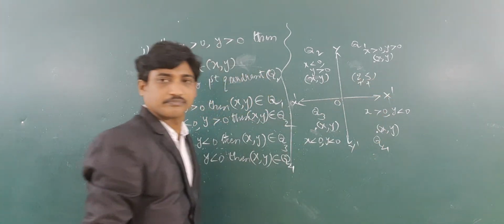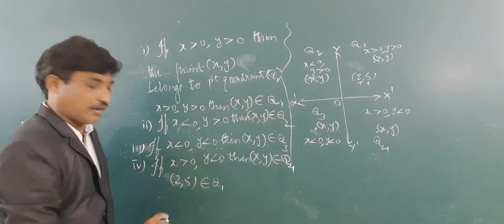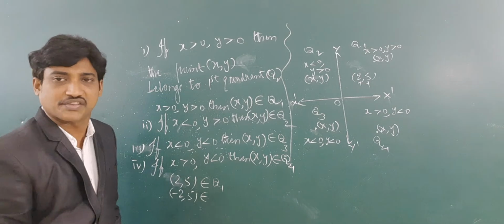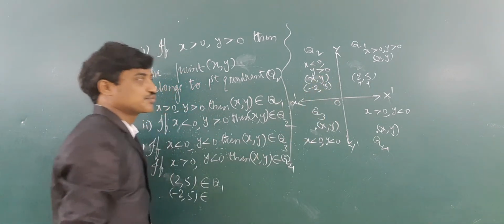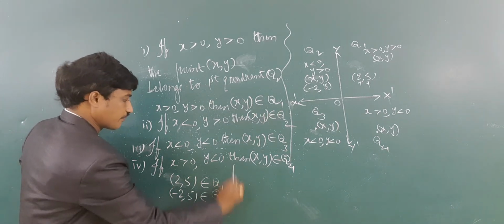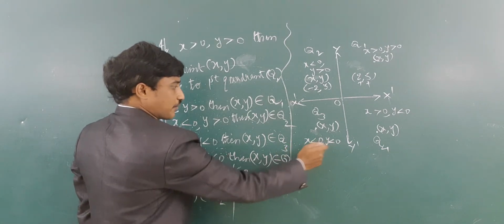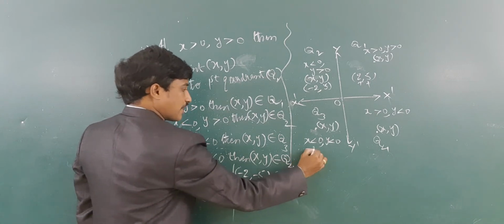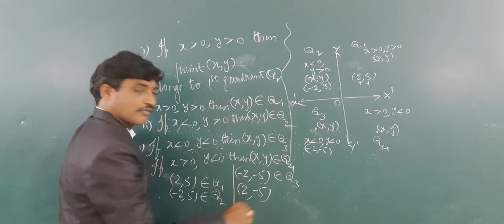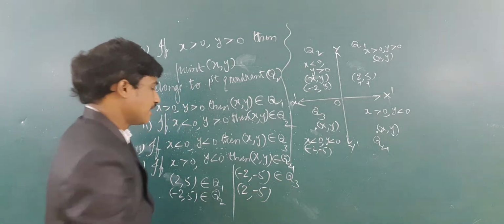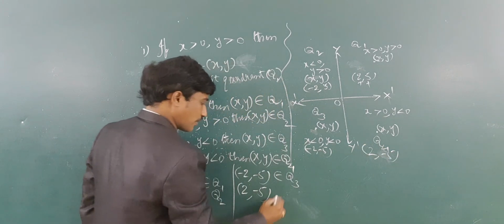And (-2, 5): x is negative, y is positive, so (-2, 5) belongs to the second quadrant, Q2. (-2, -5), both negative, belongs to Q3. (2, -5): the first coordinate has a positive sign and the second a negative sign, so (2, -5) belongs to Q4, the fourth quadrant.